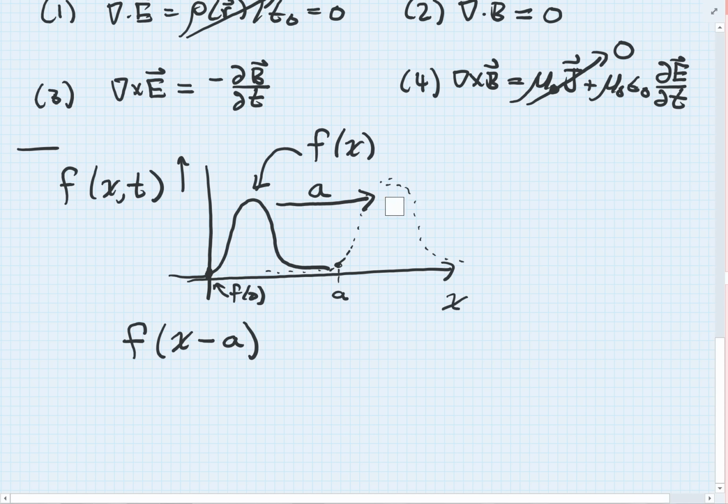I want it to be shifting over as time evolves. So what I would really like to do is to say that the distance that I've moved, this distance a, is equal to some velocity v times time t.